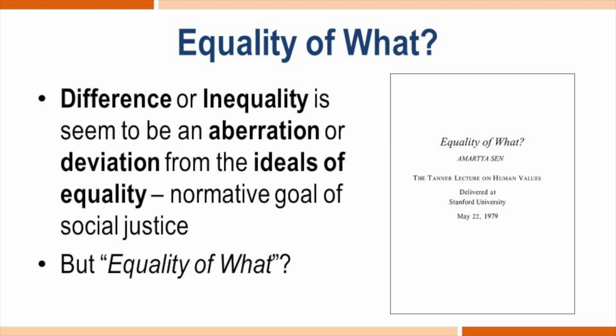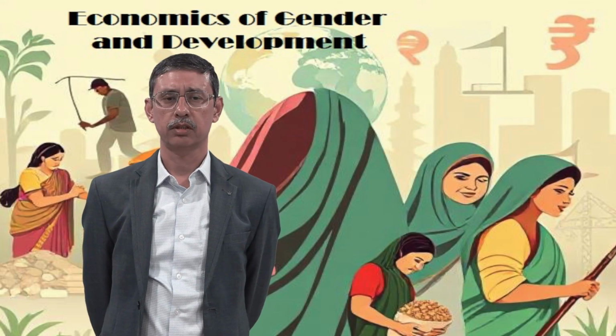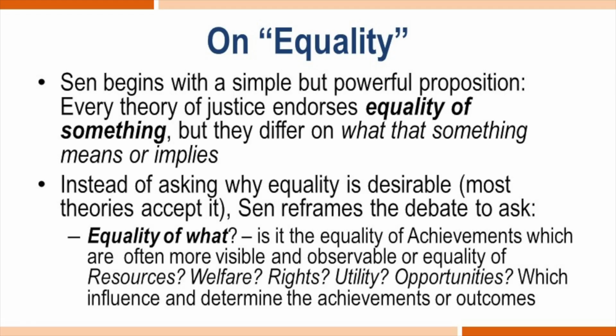So first point, we need to understand that difference or inequality is seen to be an aberration or deviation from the ideals of equality. So equality is a desirable normative goal of social justice, but the question is: what is it that we seek to equalize? That is, equality of what? Now Sen begins his lecture with a simple but very powerful proposition. Every theory of social justice endorses equality of something, but they differ on what that something means or implies.